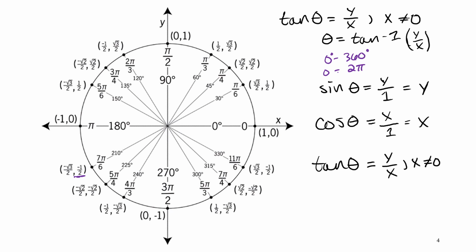So sometimes you might have to go back and forth and subtract to get to the range you are looking for. Sine is equal to y over 1, which is just y. Cosine theta equals x over 1, which equals x. And tangent equals y over x, and x cannot equal 0.